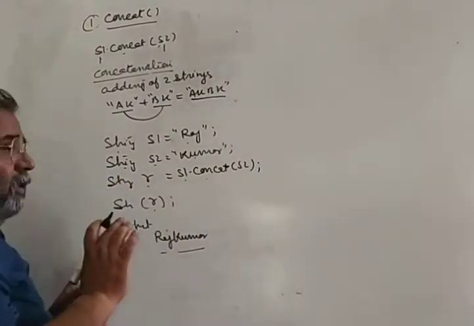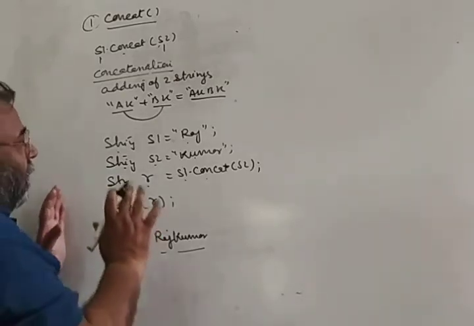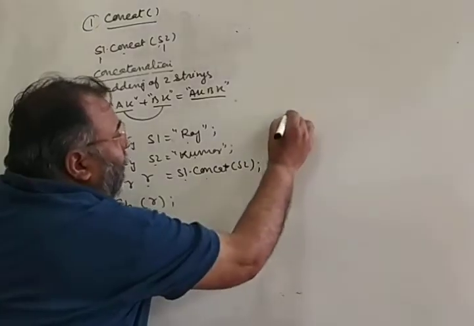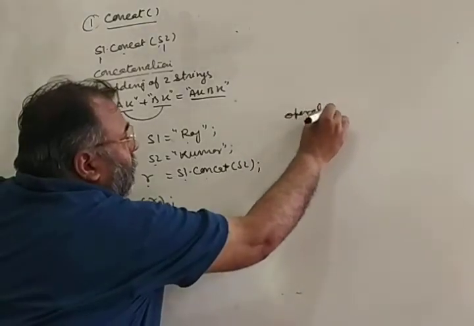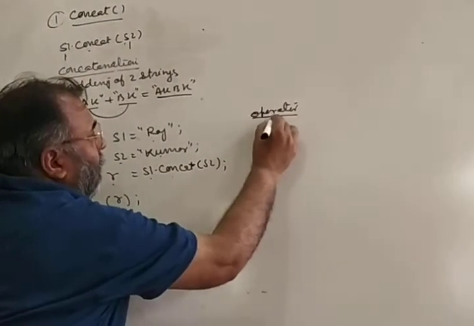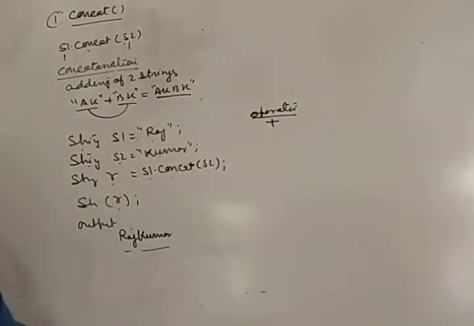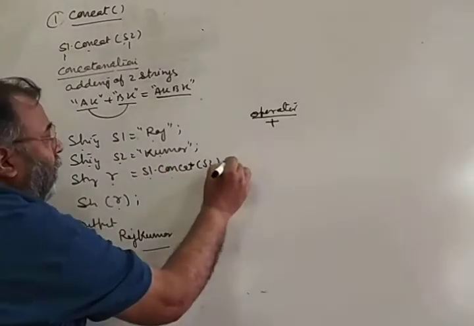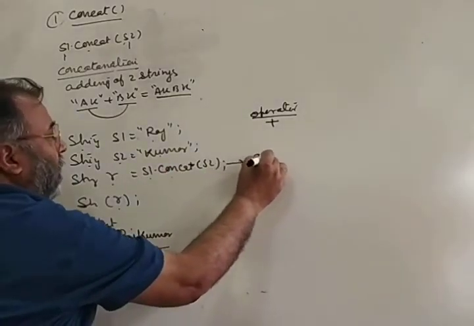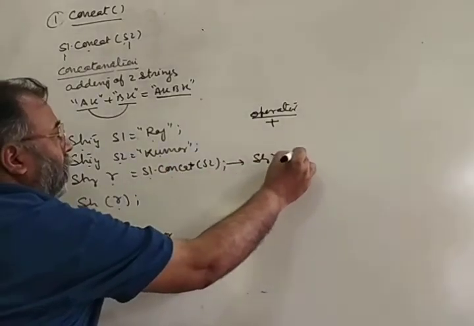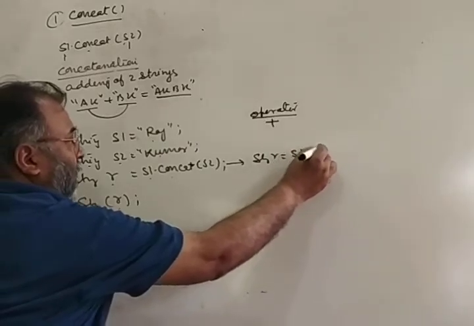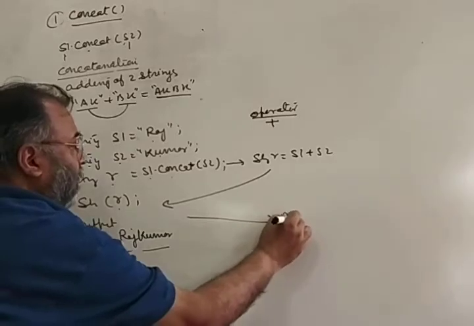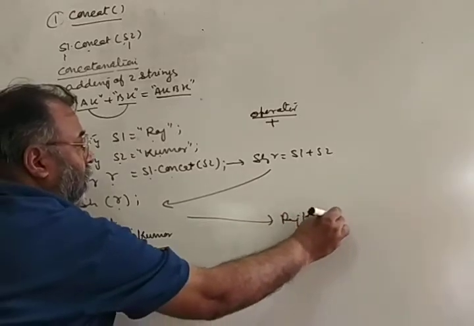Now I want to tell you one more thing. For the same purpose, we have an operator also. In Java, we have the plus operator. This also does the same job. It adds the two strings. If in place of this you write string R equals s1 plus s2, it will give you the same output, that is RajKumar.